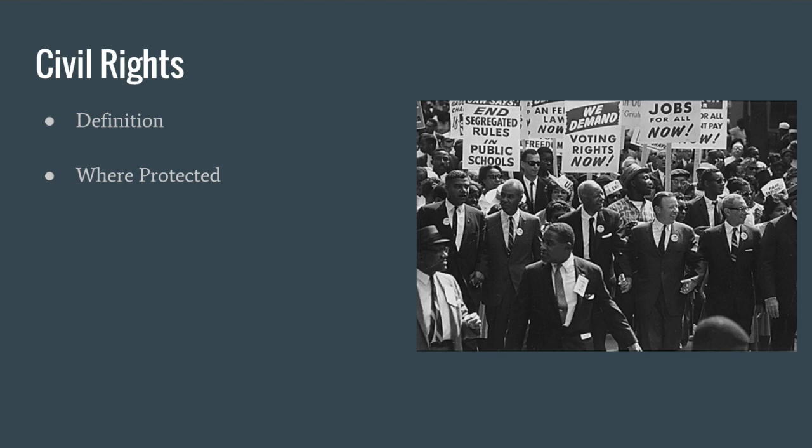Additionally, a couple of other important things. The ADA, the Americans with Disabilities Act, is a very important civil rights legislation for people with disabilities. Title IX of the Education Amendments of 1972. But ultimately, there are still a lot of holes in civil rights legislation out there around the country.